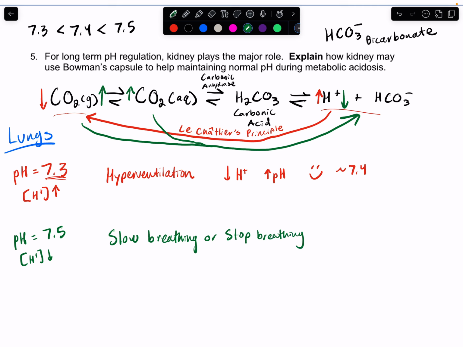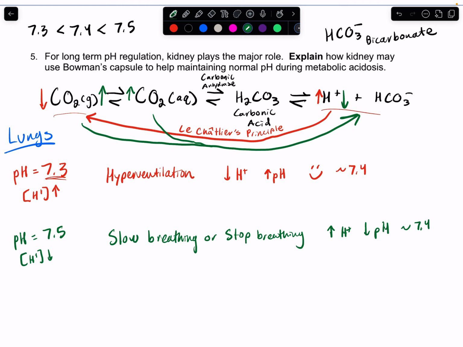And again, I don't think these are ideal things that we want to do because we want to be living, but just for the sake of the chemistry of this equilibrium, we would know that if we slowed our breathing or stopped breathing, there would be less CO2 that's released, and our body also produces CO2, so there will be a buildup of CO2, which will then shift this equilibrium here towards the left side and eventually increase the H+ concentration, which would decrease the pH, and we'd be possibly back around 7.4.